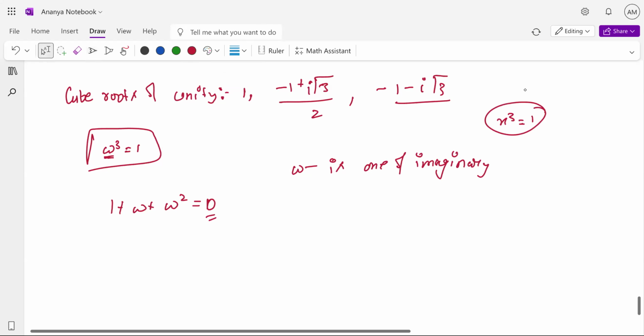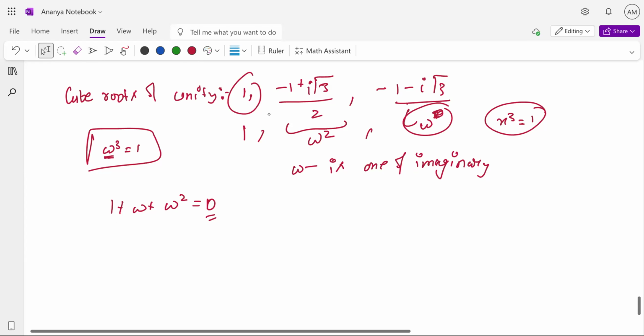But we have one more representation: you can say this is 1, you can call this omega, and you can call this omega square. Yes, sir. It's up to you. If you say this is omega square, you can call the other one omega. All right, so that's the thing. Any doubt? No, sir. Clear, sir.